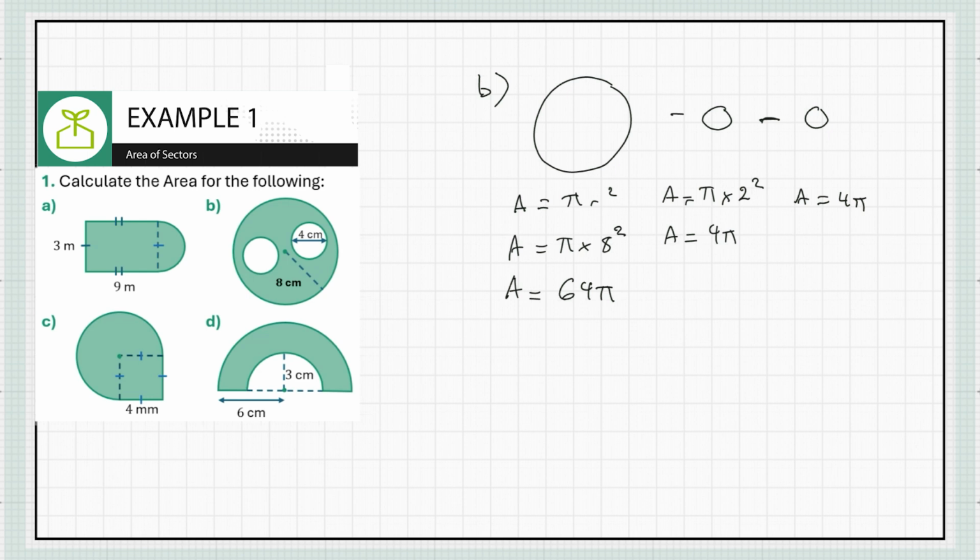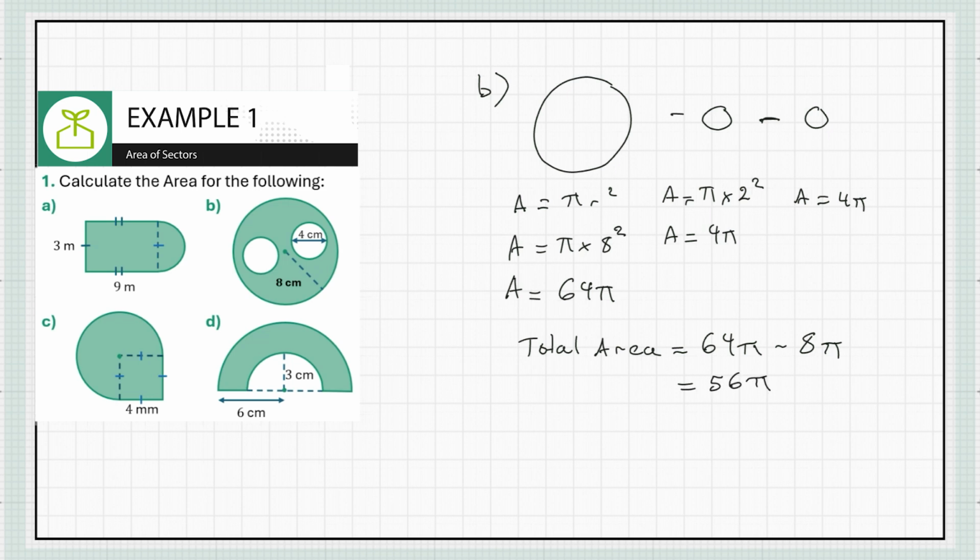Now, when you're dealing with these kind of circular composite shapes, you can treat pi as if it were an algebraic term, and ultimately just write this out as you would in algebra. So the result here is 64 groups of pi minus 2 groups of 4, so minus 8 groups of pi. So our total area is going to be equal to 64 pi minus 8 pi, which is equal to 56 groups of pi.